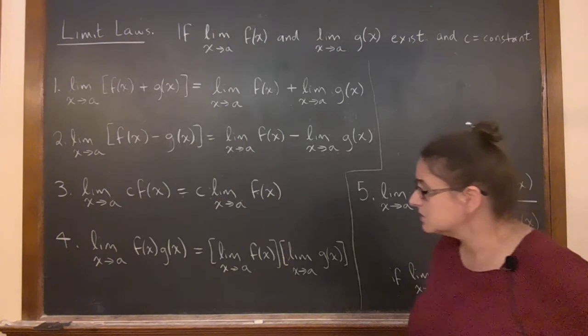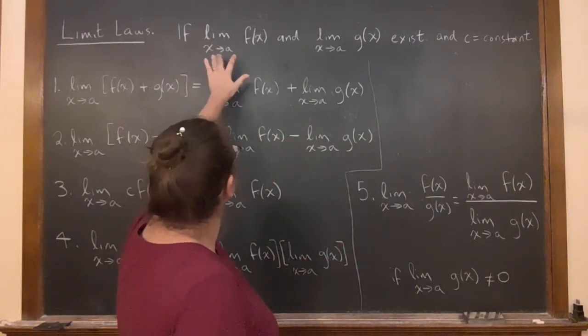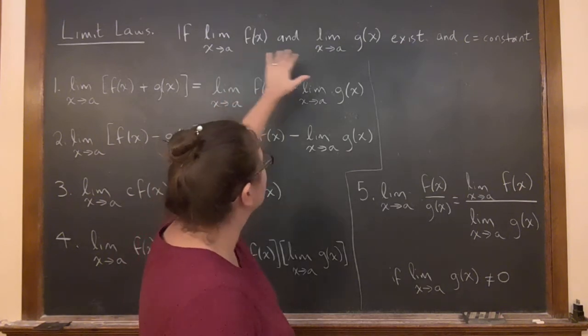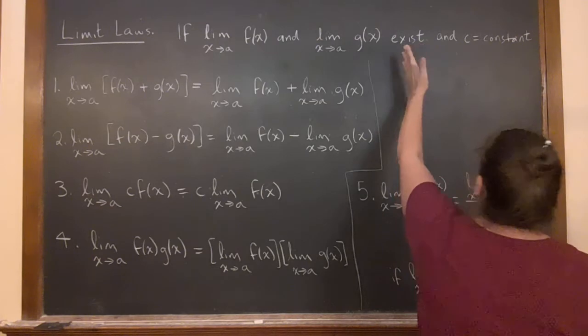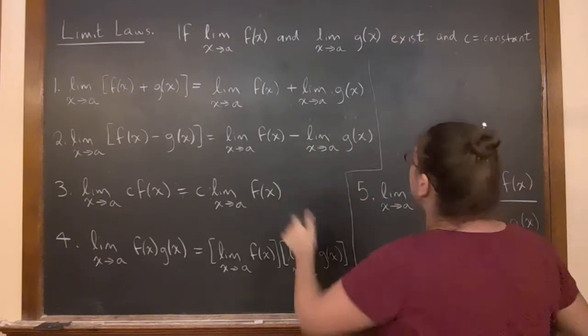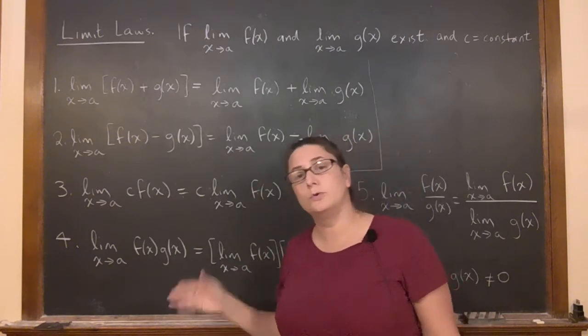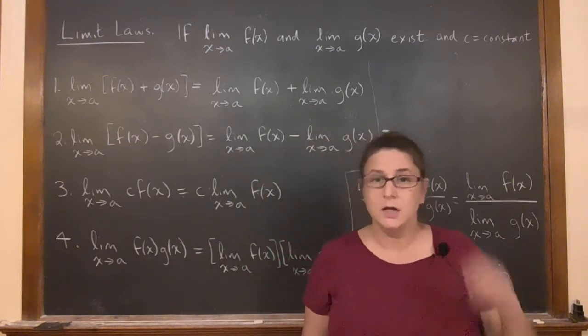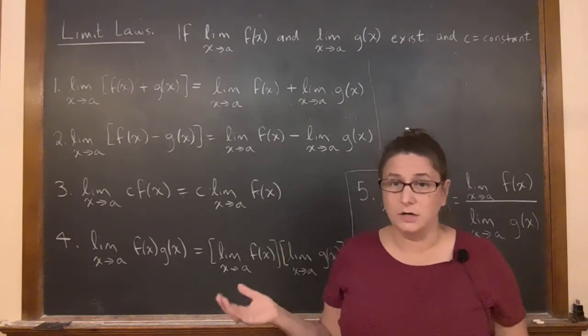What are they? First of all, I want to point out the very top sentence here. If the limit as x goes to a of f of x and the limit as x goes to a of g of x exist, and c is a constant, because there's c here. But this is the important point. These laws are true when the limit exists. When one of those limits doesn't exist, then the laws aren't true.